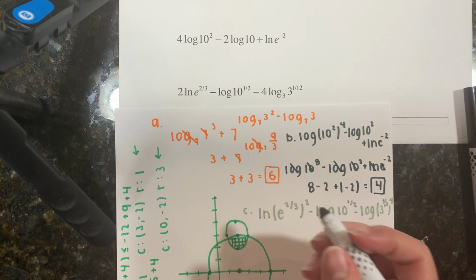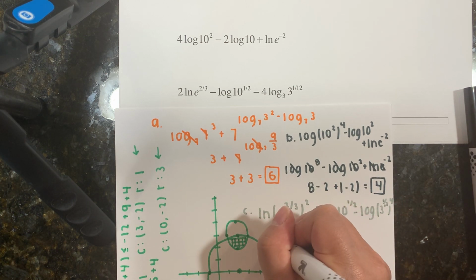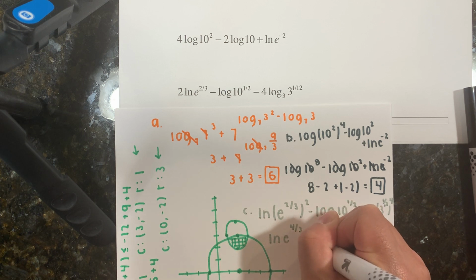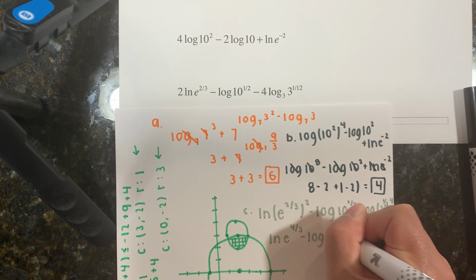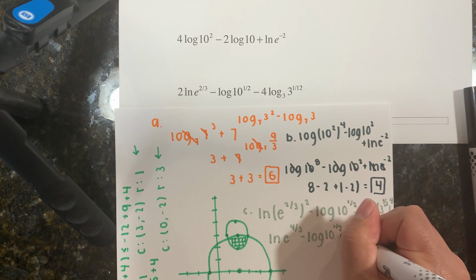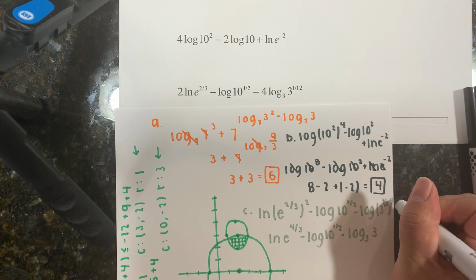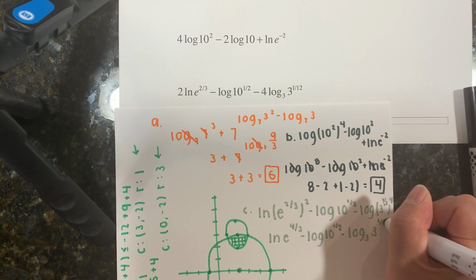So I have to multiply the 2 and the 2/3, which would give me ln e to the 4/3 minus log 10 to the 1/2, and then minus log 3 to the 4/12, which would be 1/3.